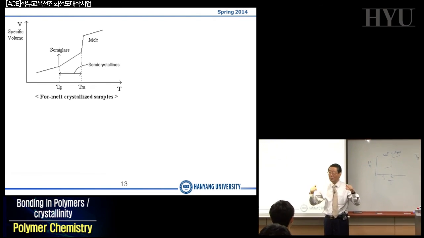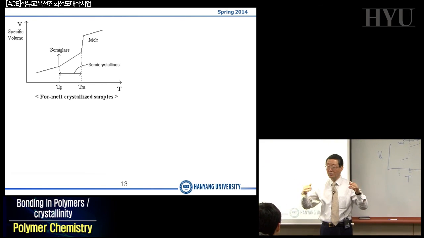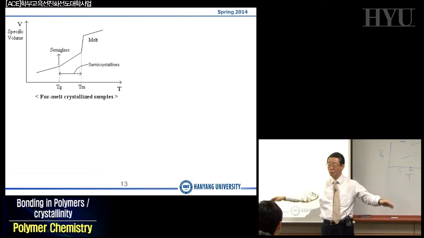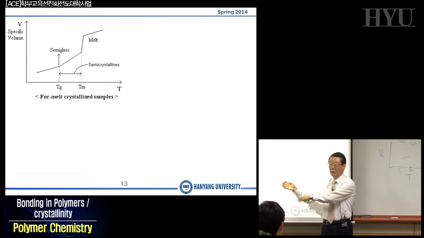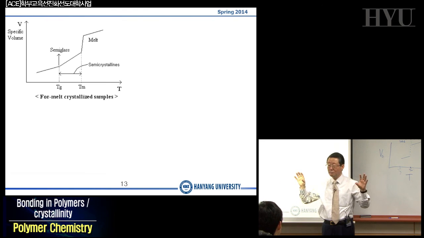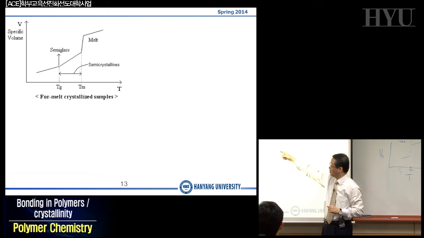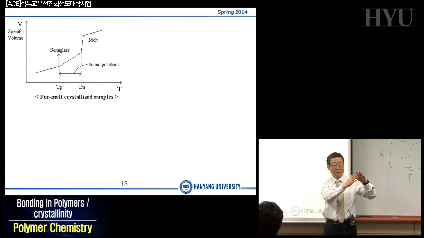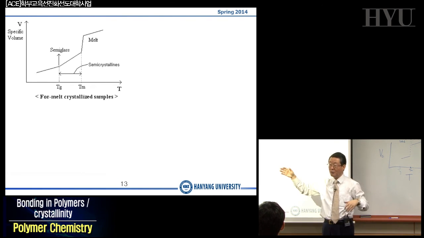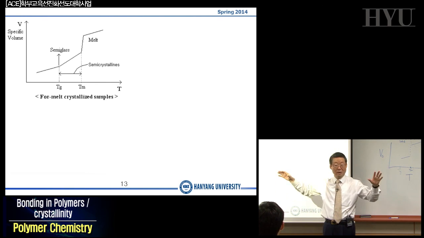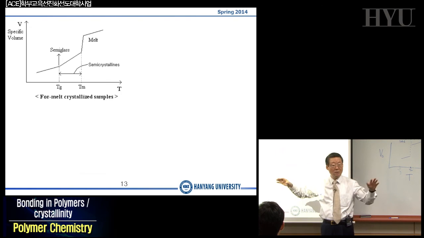But if you increase further, then my arm should move along with my finger, so my specific volume increases a lot too. Below the glass transition temperature, the specific volume increases as you increase the temperature, but the increase of your free volume is quite relative, so you have the same slope.